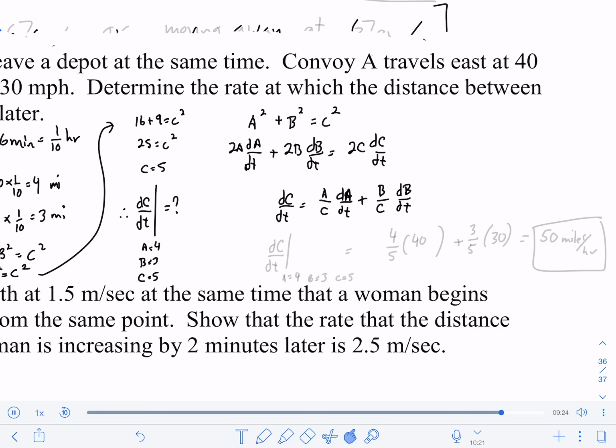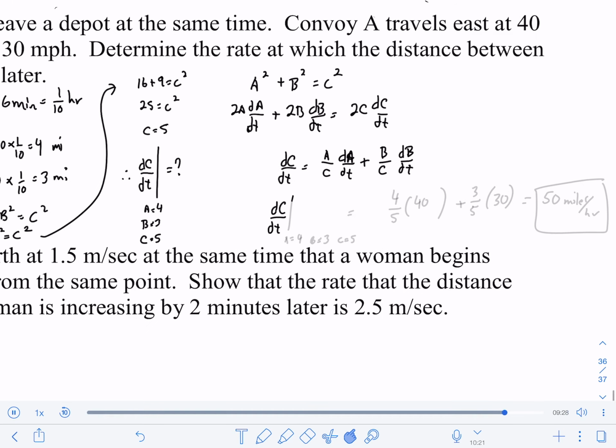Okay, and now we just need to plug in our initial conditions. So we're going to plug in A equals 4, B equals 3, and C equals 5.